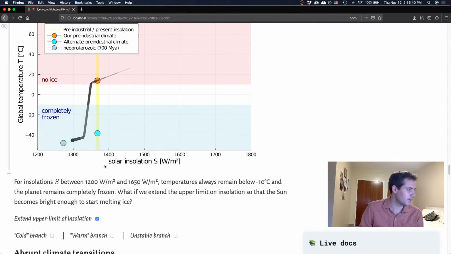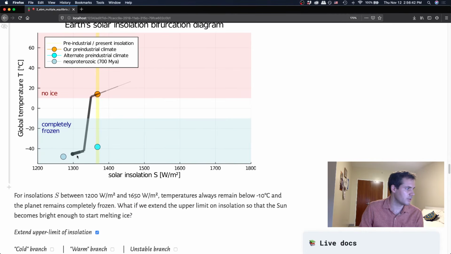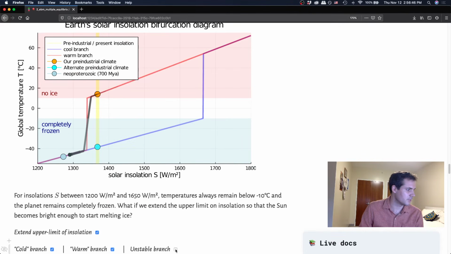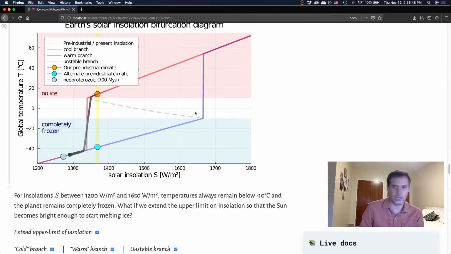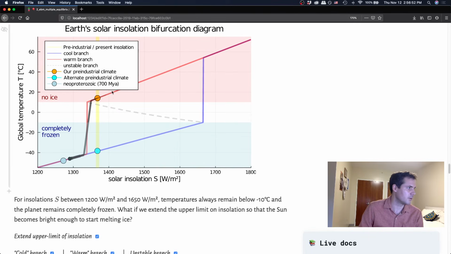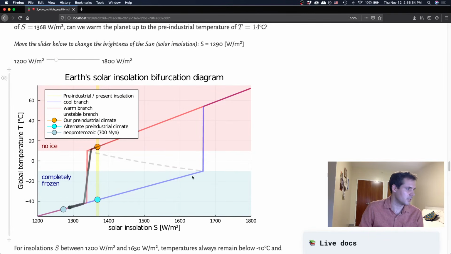All right. And so just to really make the comparison with other nonlinear dynamical systems even clearer, we can add in these branches, which actually show the stability branches. This is the stable branch for cold temperatures, this is the stable branch for warm temperatures, and this is the unstable branch.